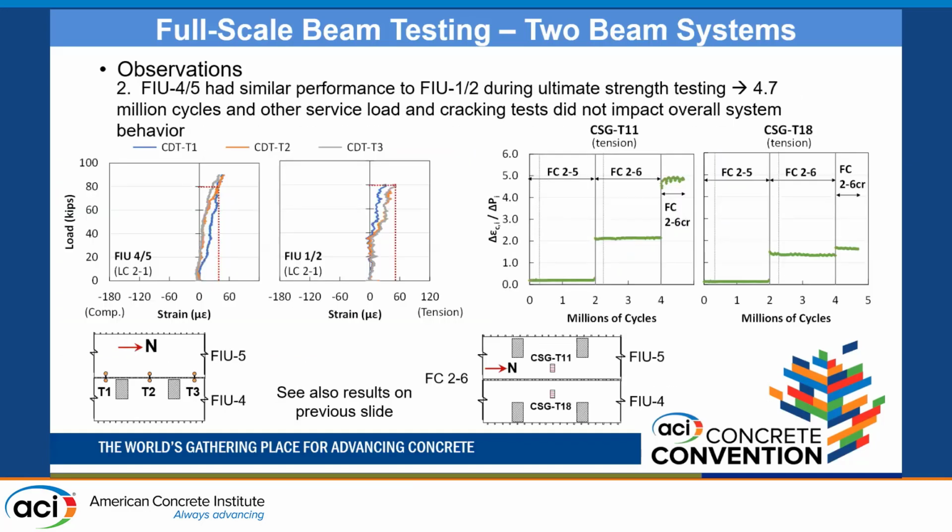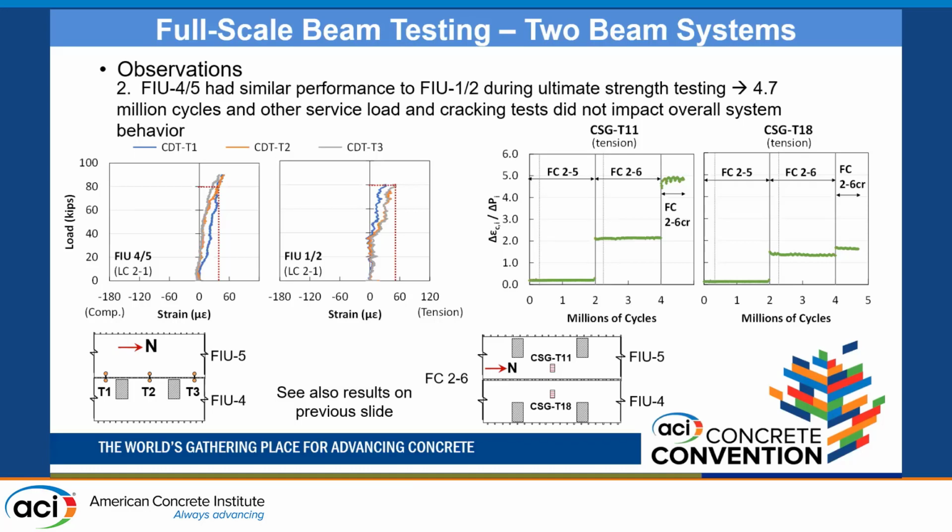FIU 4 and 5, the 2 beams for the second phase, had similar performance to FIU 1 and 2 during ultimate strength testing. 4.7 million cycles and other service loads and cracking tests did not impact the overall system behavior. You'll see here that we had crack displacement transducers to measure the opening of the joint region, and the strains there for testing phase number 1 and phase number 2 were below 60 microstrain.